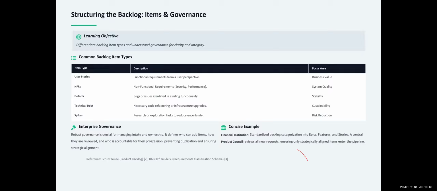So you can have instances where you get people to log items into the backlog, and then the description isn't clear of what the item is all about, right?